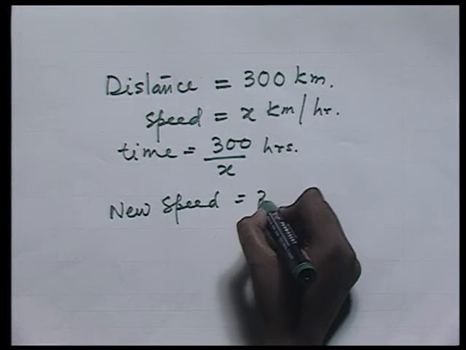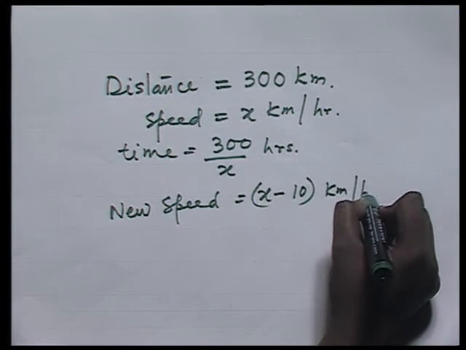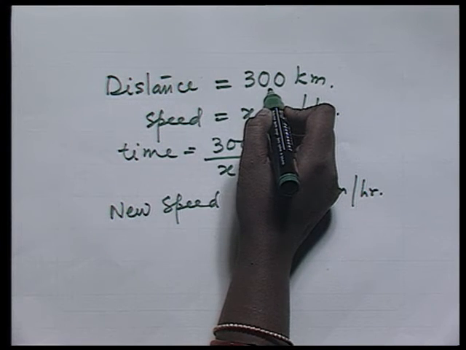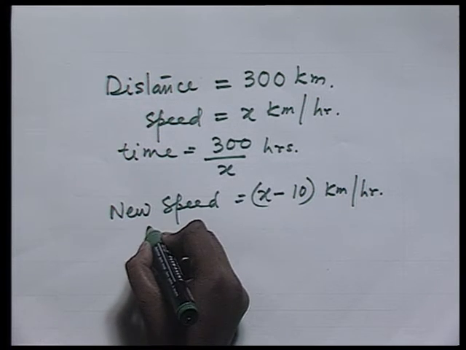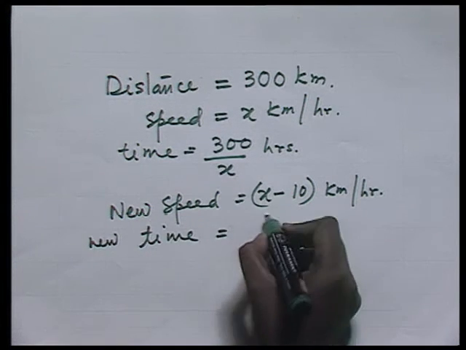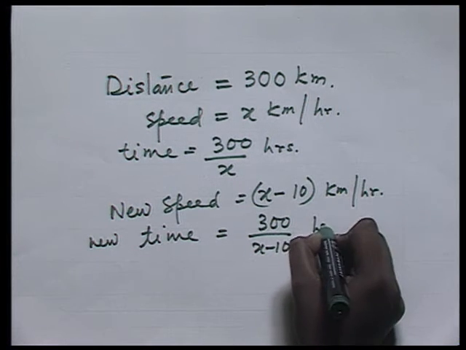But if the speed is decreased by 10 kilometers per hour, that means the new speed becomes x minus 10 kilometers per hour. Distance covered remaining same, the time taken in this case will be 300 upon x minus 10 hours.